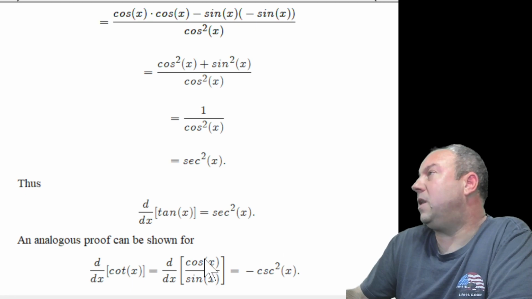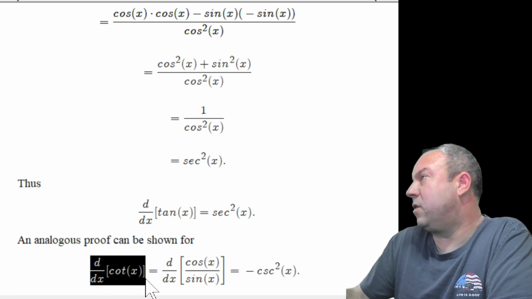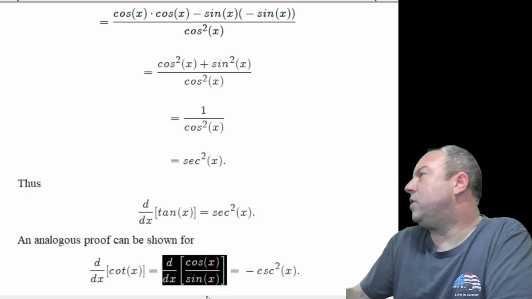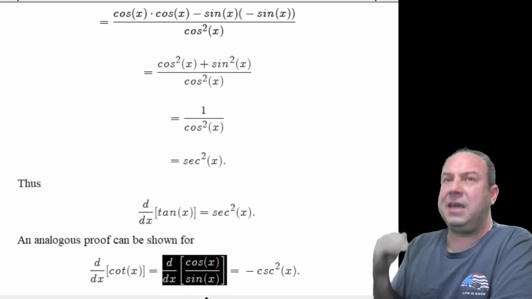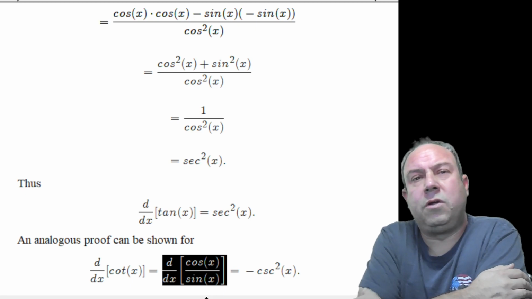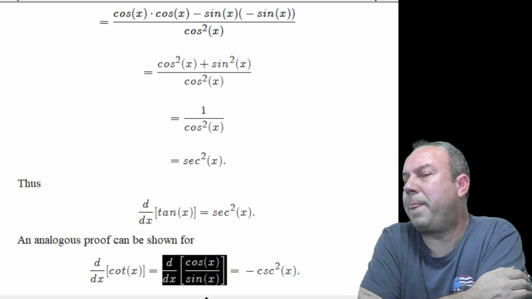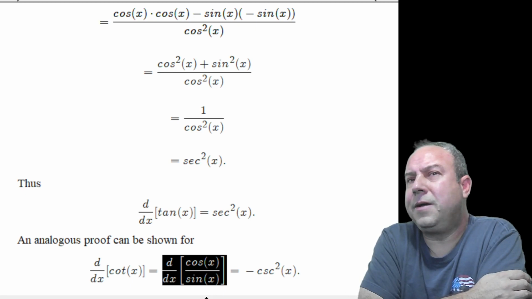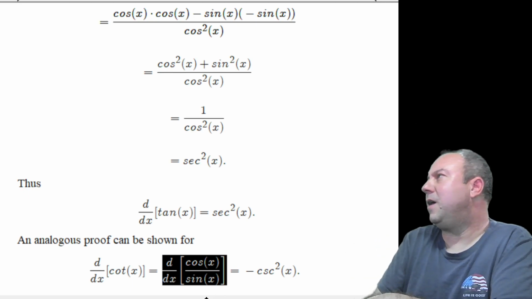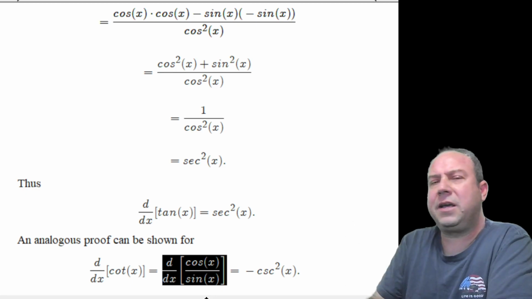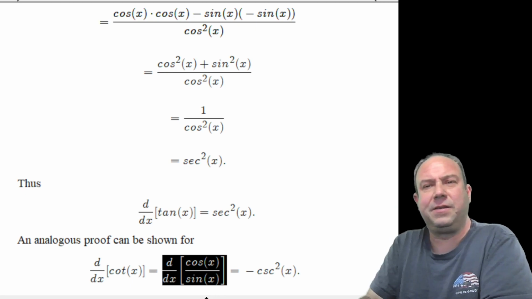We can show an analogous proof for the derivative of the cotangent, where we just look at the derivative of the cosine over sine, applying a very similar quotient rule as we had seen above. I'll let you attempt that on your own, but all you're applying is quotient rule to cosine over sine.